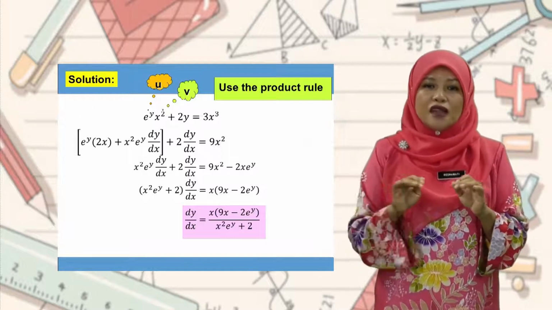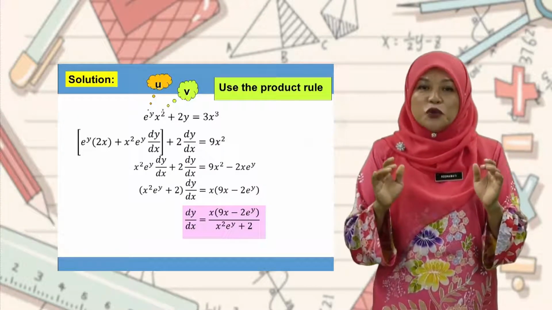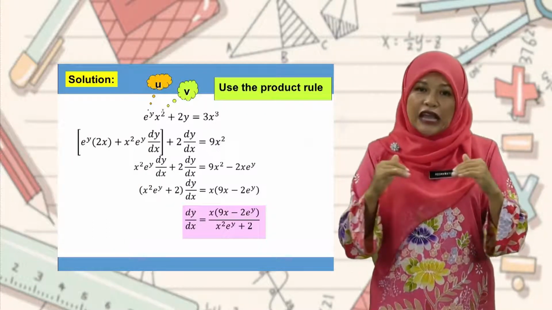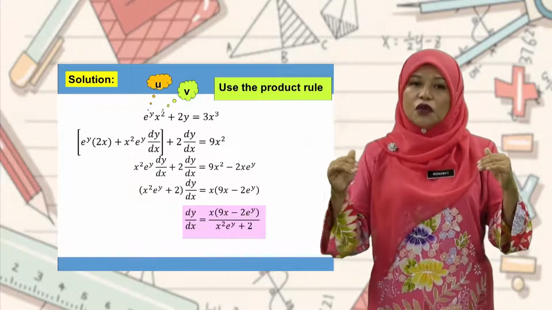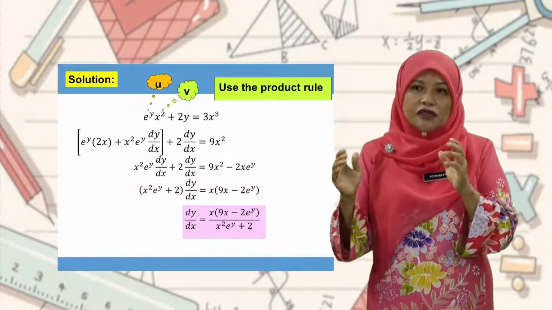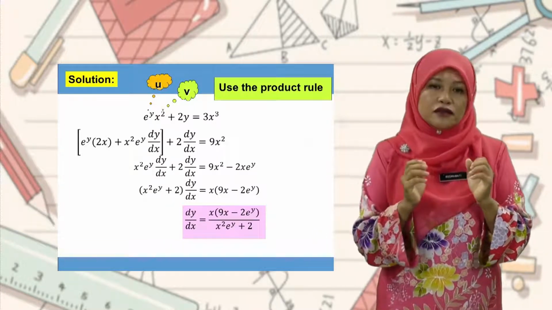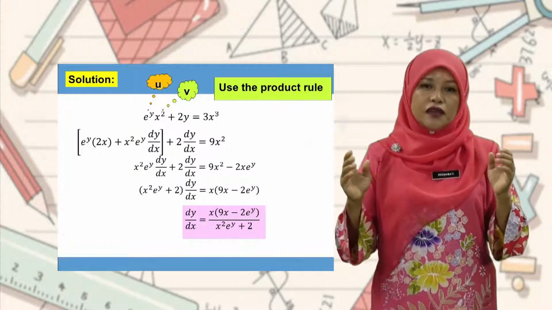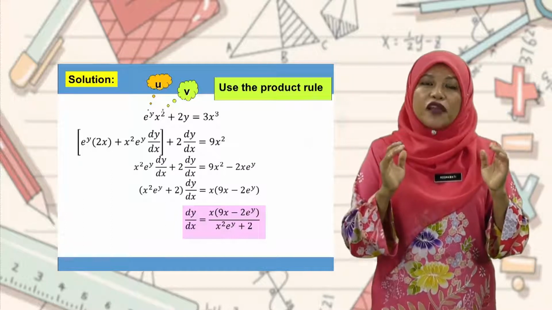Here we can see that there are two places of dy dx. When you come across this kind of equation, when you have two places of dy dx, you must gather it. How to gather the dy dx here? You factorize it.